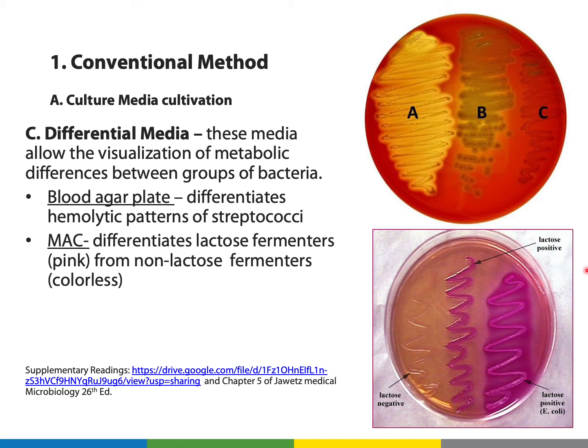The activity of these enzymes can often be detected as zones of clearing surrounding colonies grown in the presence of insoluble substrates, like the zone of hemolysis in agar containing red blood cells. For example, the blood agar plate differentiates the hemolytic patterns of streptococci.